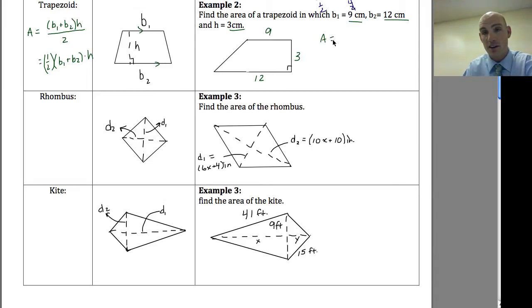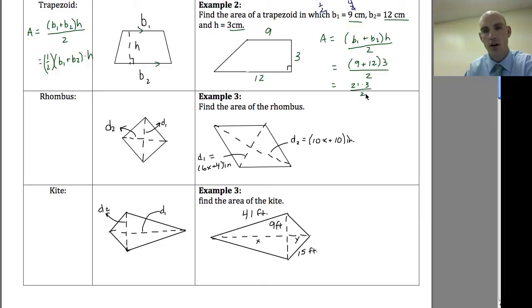All I have to do is plug it into the formula. Area equals base 1 plus base 2 times the height divided by 2. Plug and chug. 9 plus 12 times 3 over 2 equals 9 plus 12 is 21.